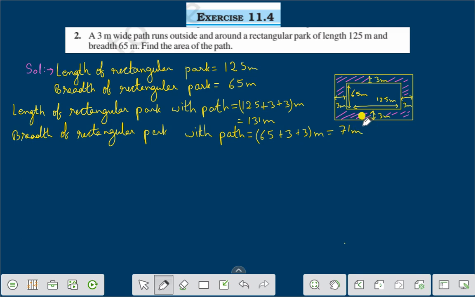Area of path will be area of park with path minus area of park without path, right?